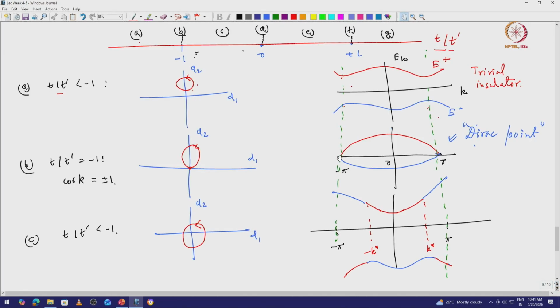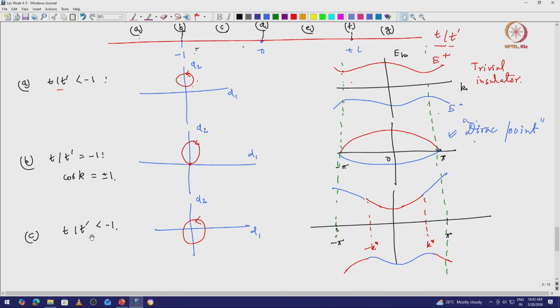This is the point where d1 also goes to 0. So, that means you will have a band degeneracy. So, d goes to 0, and the eigenvalues are plus minus d, the magnitude. So, d1 goes to 0, d2 goes to 0, so d also goes to 0. So, you will have a band degenerate point.